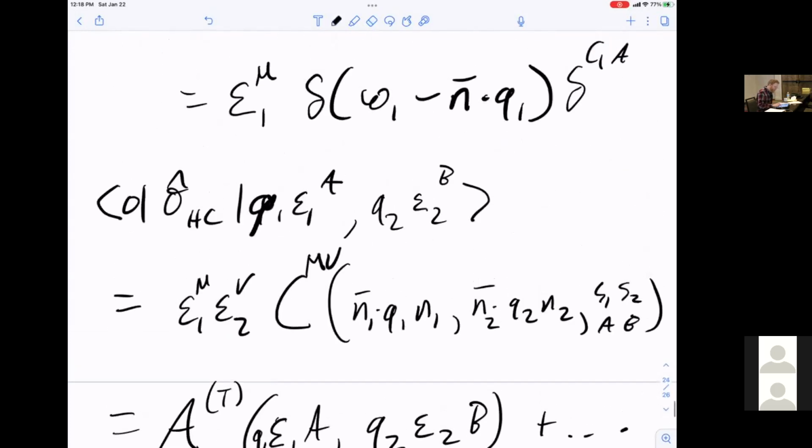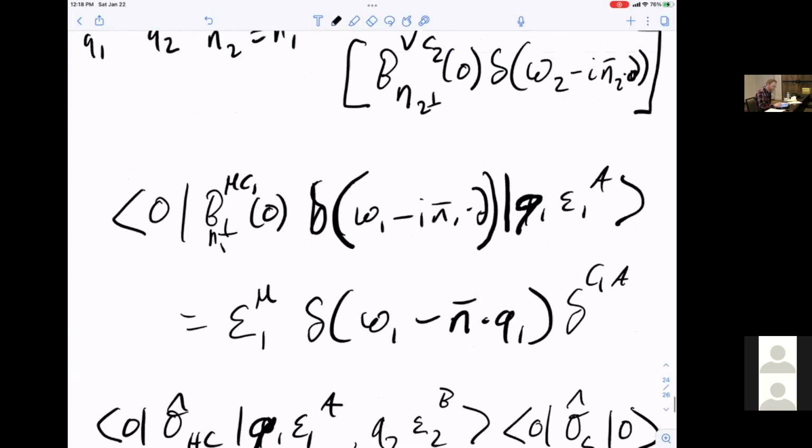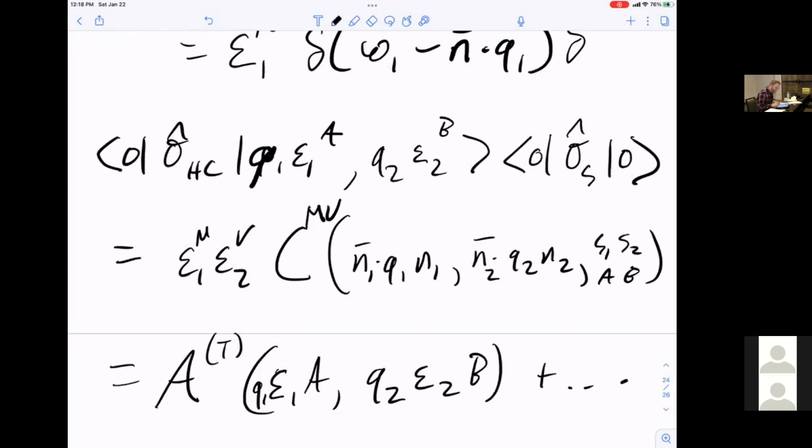When I do the calculation for the hard collinear operator, in order to take the full matrix element, and I didn't do this and I should have, I need to consider just the vacuum expectation value of the soft. And the reason why I need to do that is because I put in indices that contracted into the soft state. Which is fine.